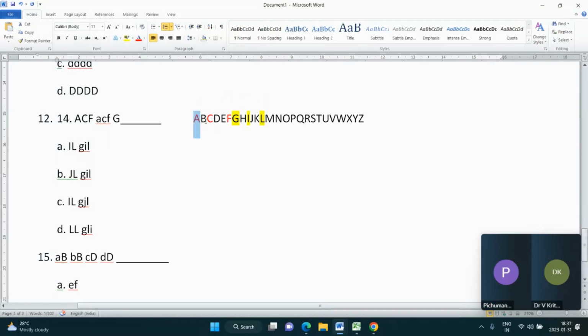A, and then you skip B, and then C is taken, D, E is skipped, and the next character F is taken. So G, leave H, take I, leave two characters, and then take L. G, I, L. You see, the right answer. So with this, we are completing our second session on coding and decoding.